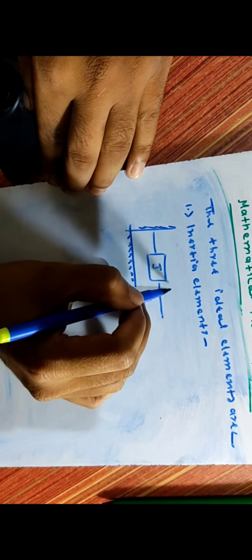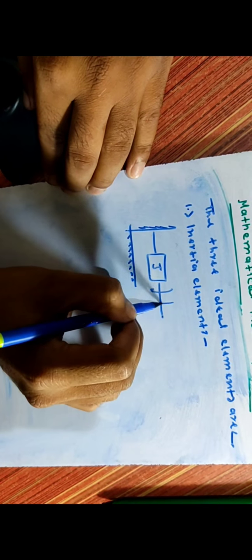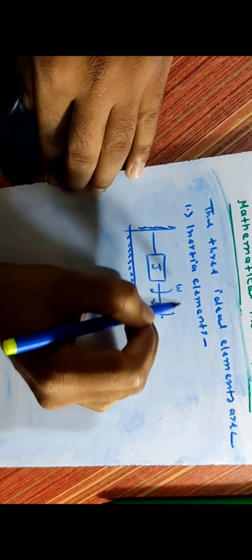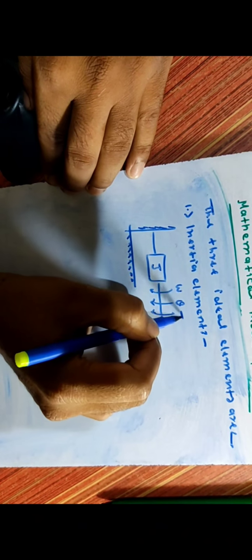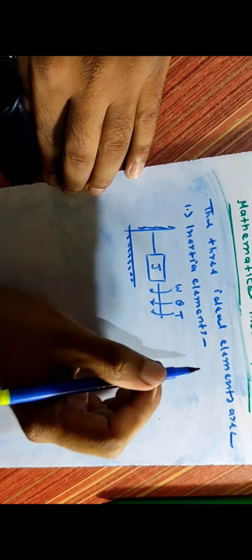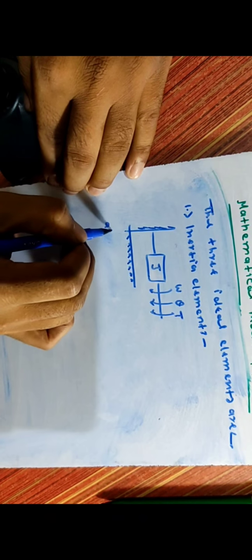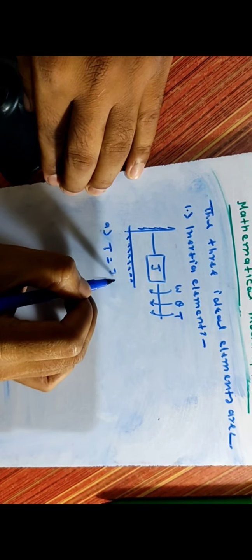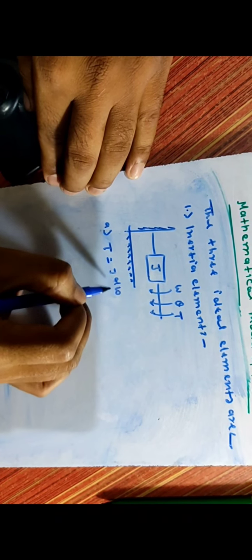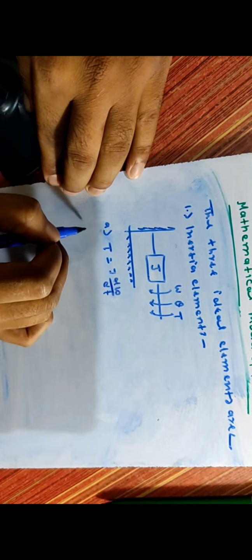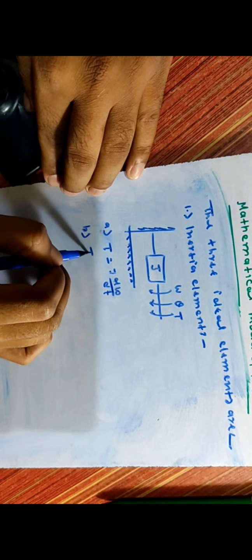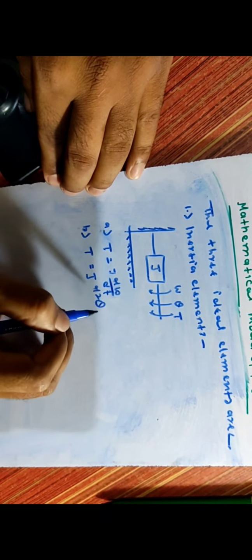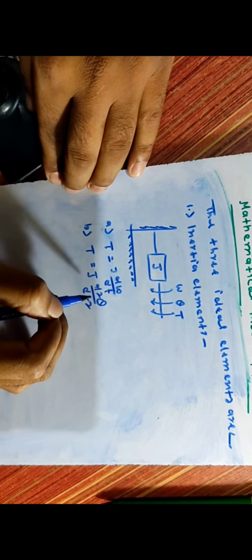J, that is omega, theta and torque. Torque is equal to J d omega by dt, and torque is equal to J d²theta by dt².